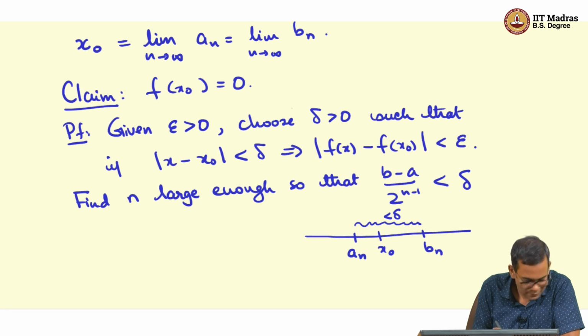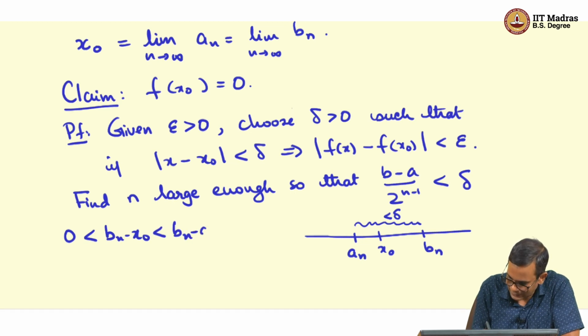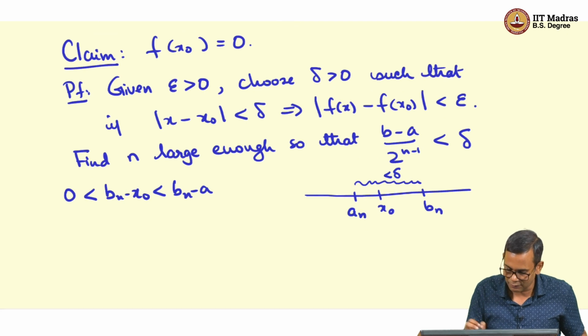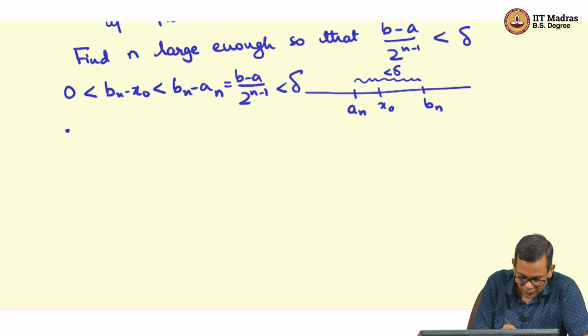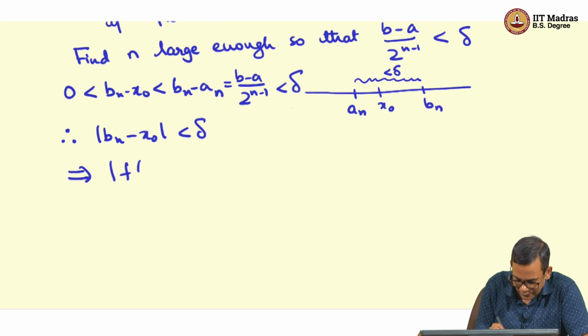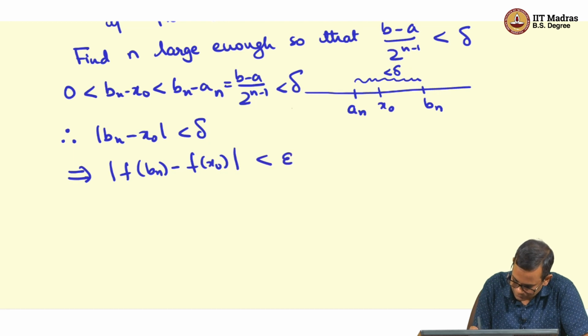Well, certainly b n minus x 0 is greater than 0, and that is less than b n minus a n, which is b minus a divided by 2 to the power n minus 1. And so, that is less than delta. Therefore, we have the absolute value of b n minus x naught is less than delta, which implies that the absolute value of f of b n minus f of x naught is less than epsilon.